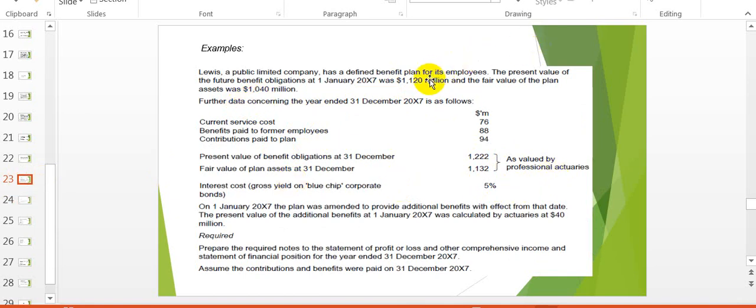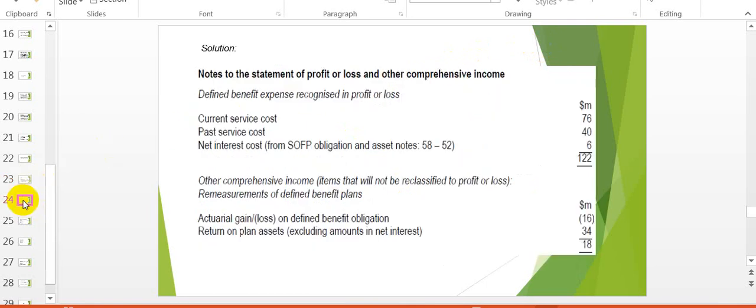You notice that the obligation is higher than the planned assets. Hence, the interest cost will be higher than the interest income. So the difference of 6, 76 plus 40 plus 6 to make a total of 122 will be debited in the P&L.